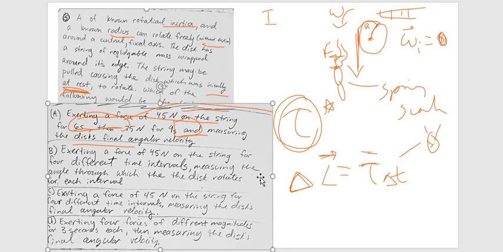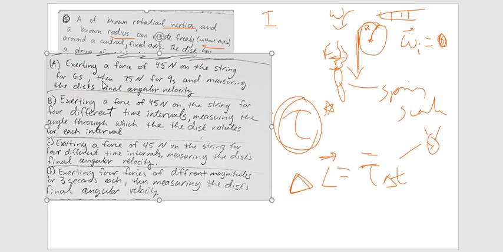So it says A is exerting a force of 45 newtons on the string for 6 seconds. Okay, we know the torque, we know the time, and then for 75, so we could maybe figure this out.